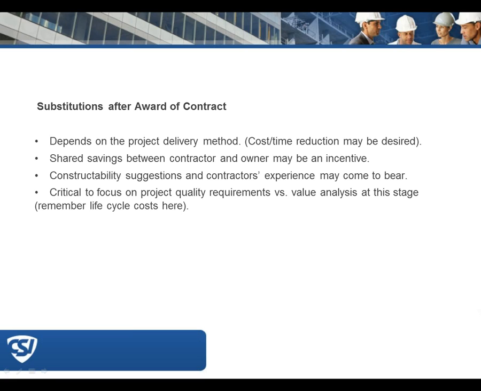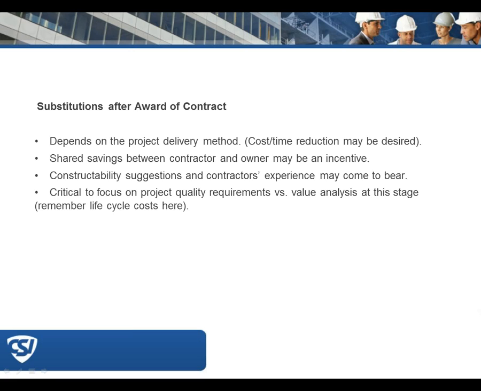There may be a contractor who has certain experiences with certain products or installation methods or delivery methods, as Doug mentioned earlier, that may result in suggestions that could be a substitution, so that contractor could bring their specific experiences to bear positively on the project.